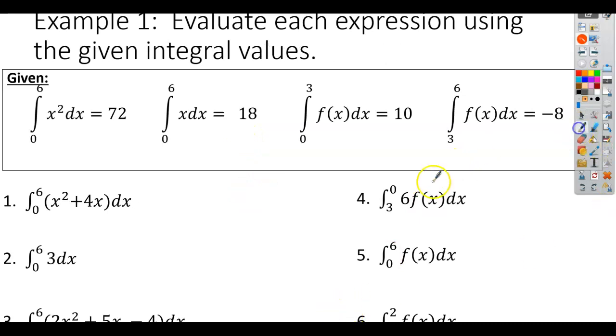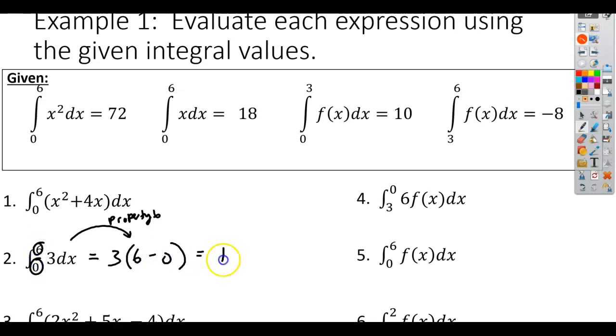So if I wanted to calculate this one, according to property 6, you put your height here, which is 3, and your base is the top limit minus your lower limit, which is 18. So property 6 gets us an answer pretty quickly.